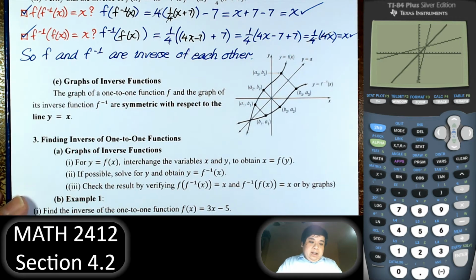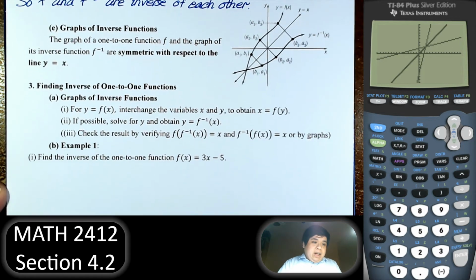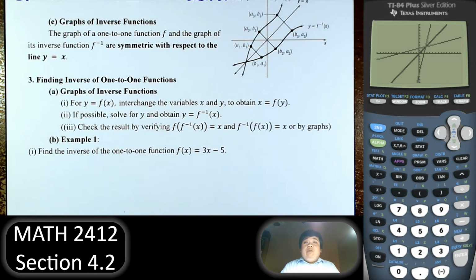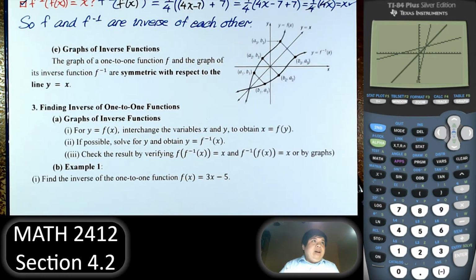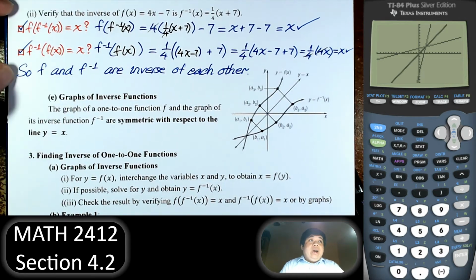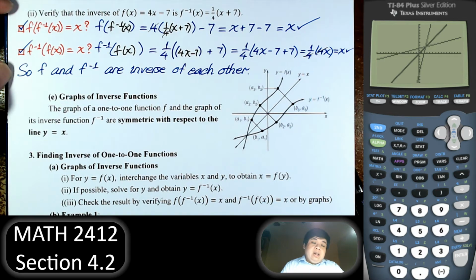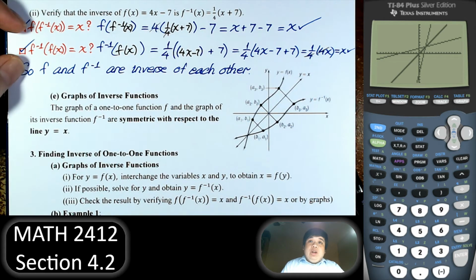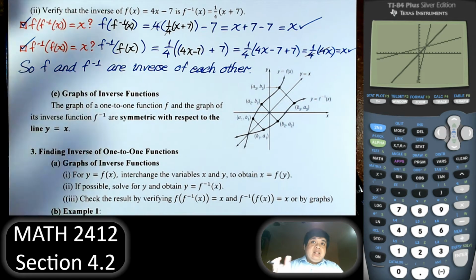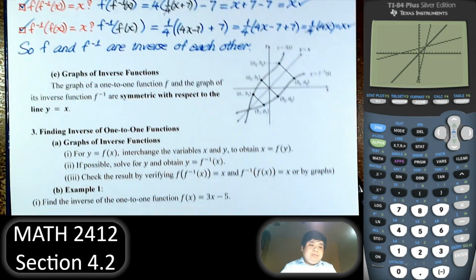So that's good. Right, so we certainly can verify if the functions are inverse of each other. We can look at the graph. It's not as good as verifying that algebraically. The combination of the function and inverse must be x in both orders.